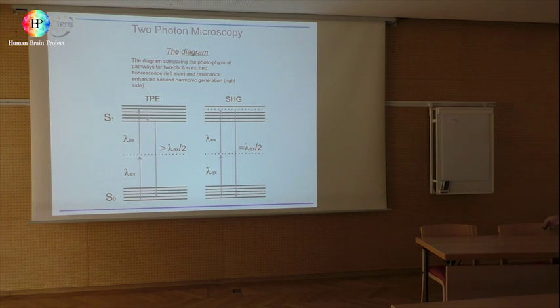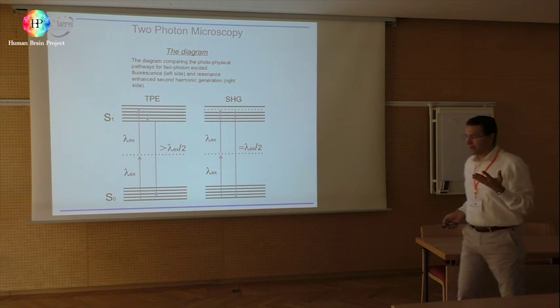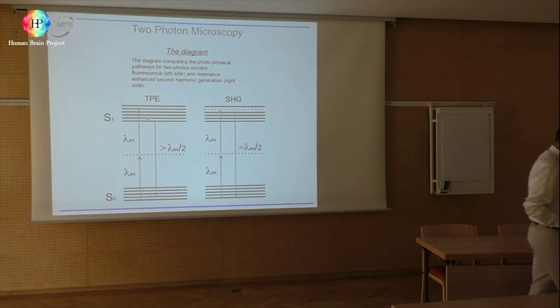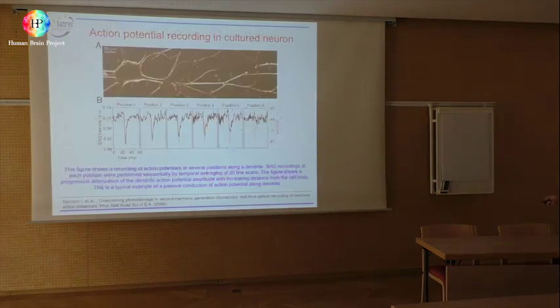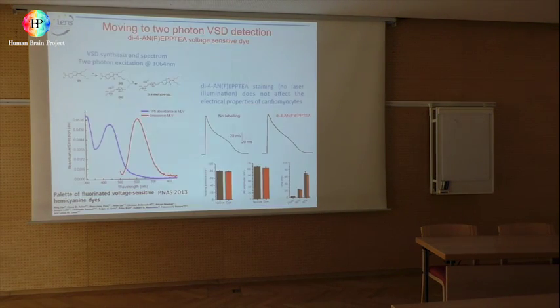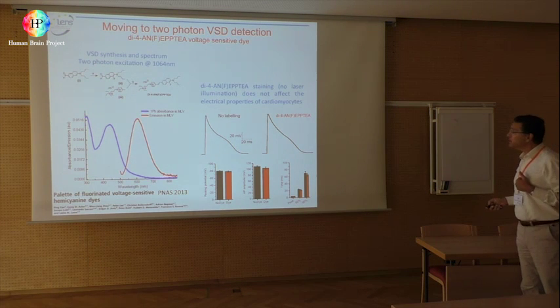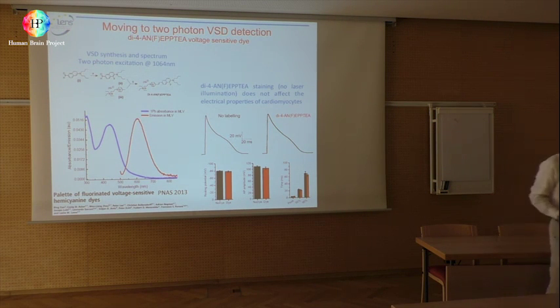Now the problem is that there are not very powerful voltage sensitive dyes with 2 photons. So what we did, together with a group in Connecticut, we developed a new dye, which is very, very powerful in emitting photons in fluorescence, not anymore in second harmonic.